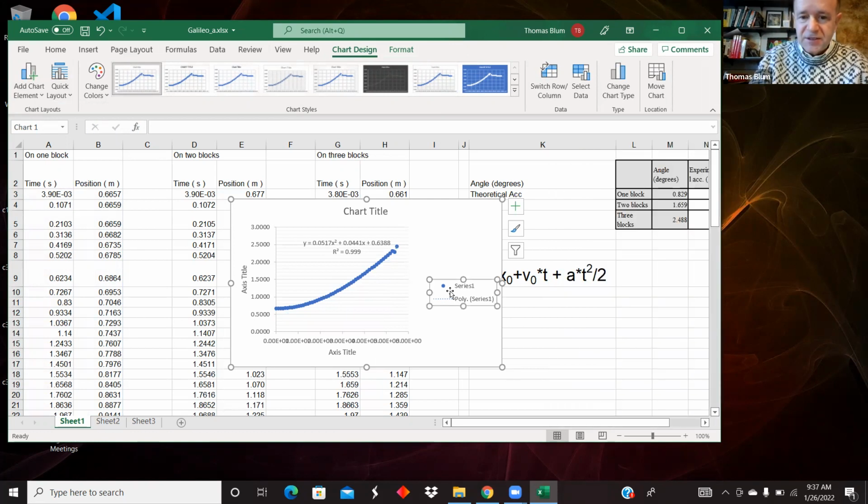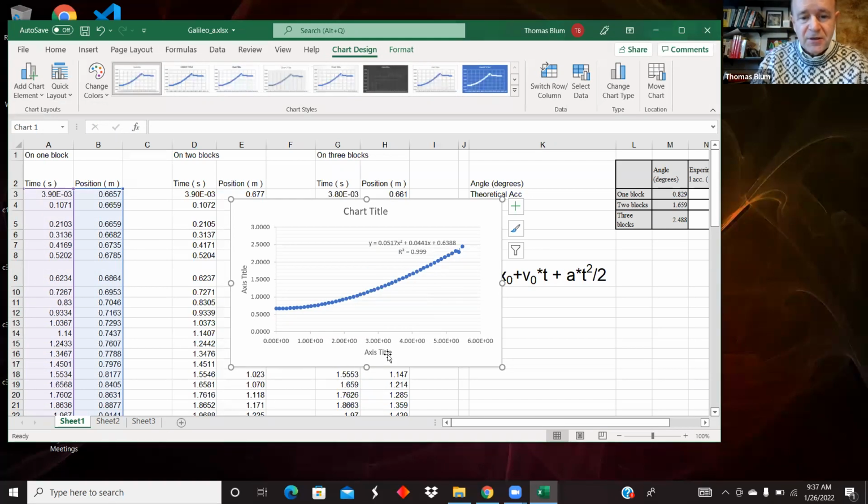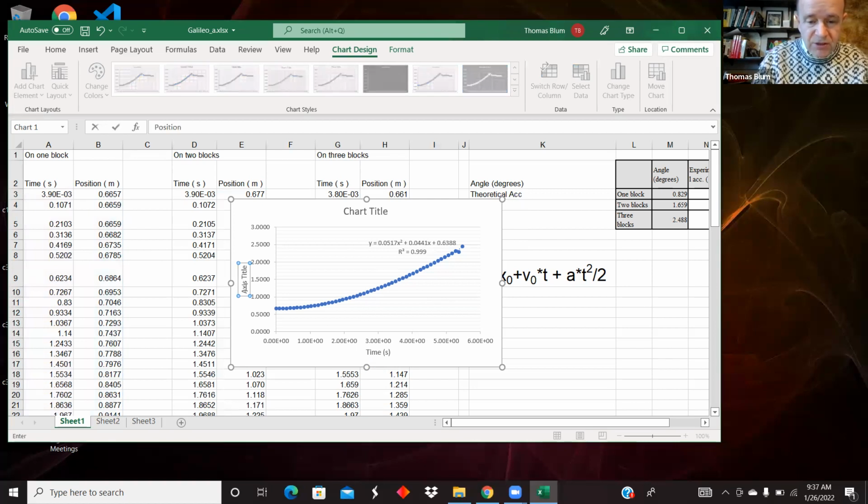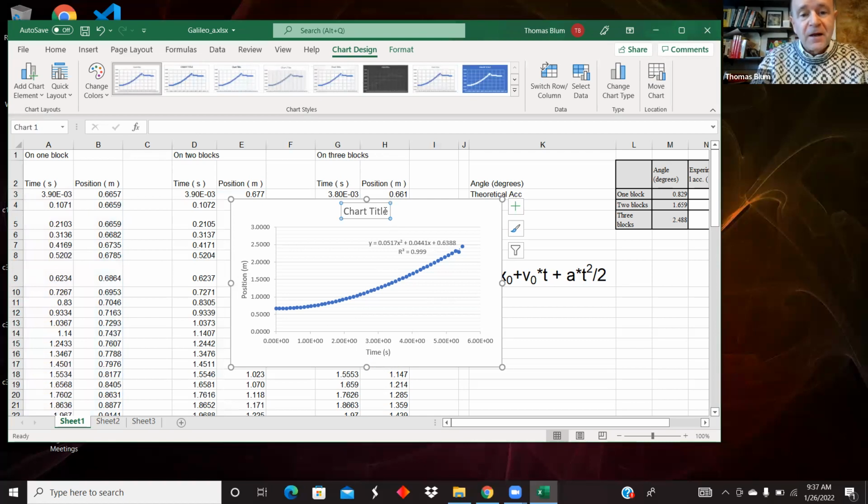Don't want this legend. The x-axis here was time in seconds. The y-axis was position in meters. This was, I'll say, cart incline, and it was my first trial, so I'll say trial 1.